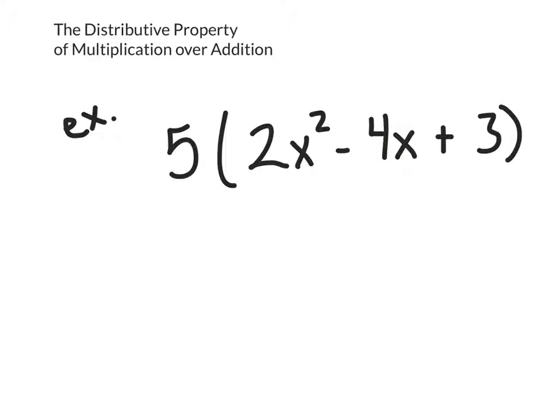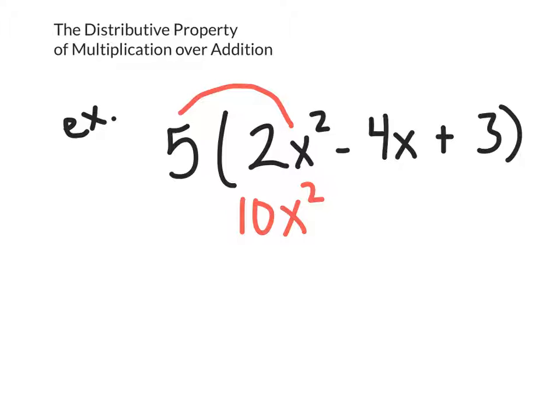Okay, so in this last scenario here, I wanted to show you what it would look like if I had to distribute a 5 to 3 terms. The distributive property can go across as many terms as needed, as long as they're all within the parentheses. And so the first thing I want to show is that when I multiply the 5 times the 2x squared, I'm going to get 10x squared.